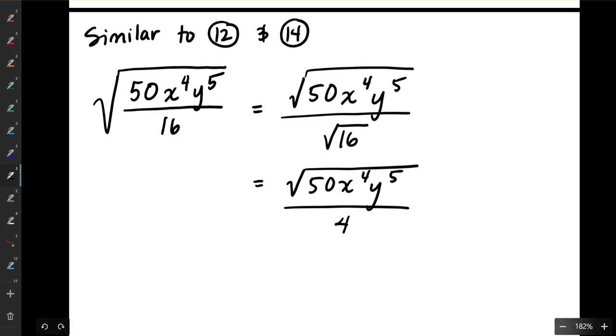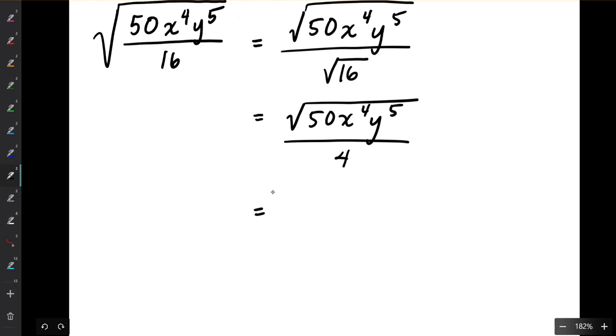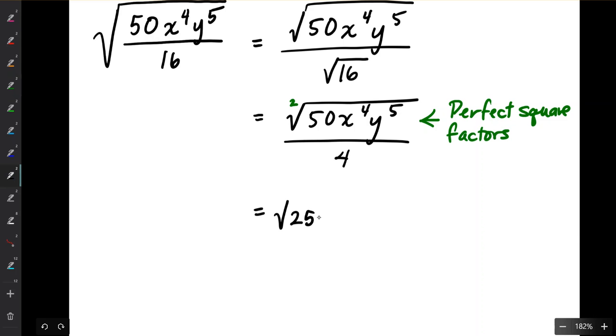That's nice. Now in my numerator, I'm going to get ready to use my product property, and the game that I'm playing, again, is looking for perfect squares because I'm taking a square root. Perfect square factors, numbers that divide evenly here. So 50 is 25 times 2, right? 25 is a perfect square.